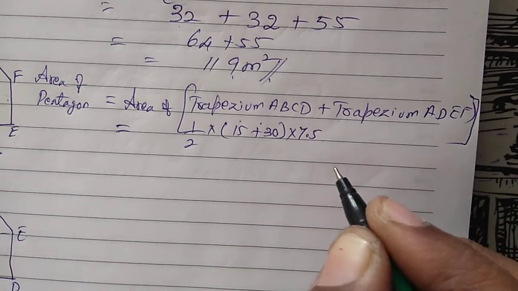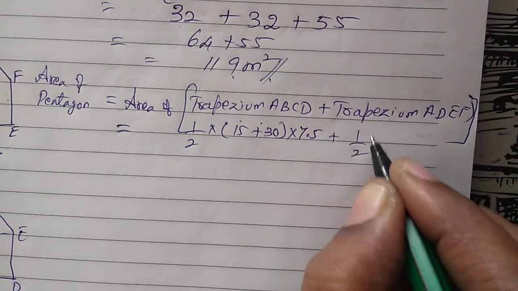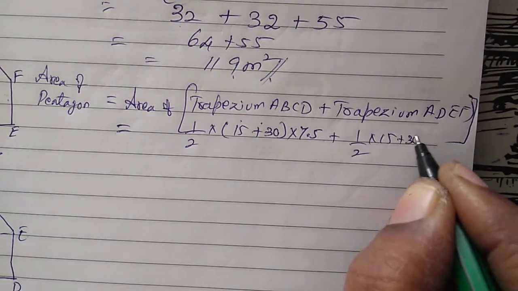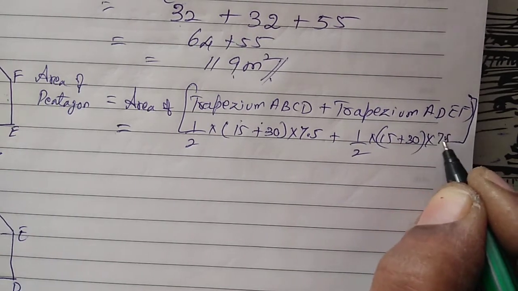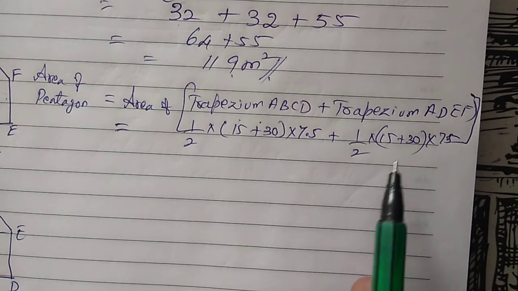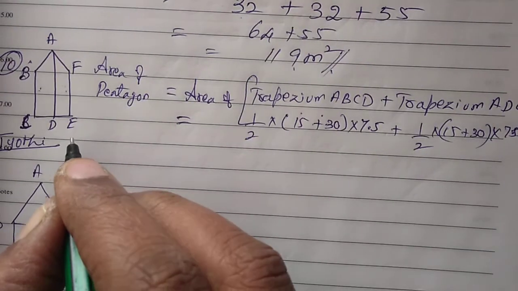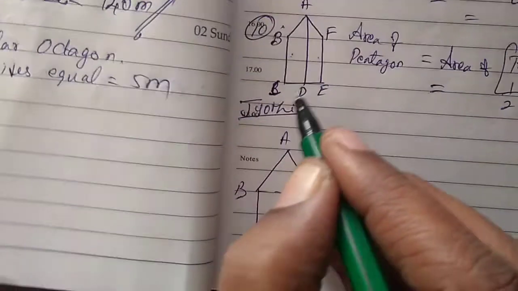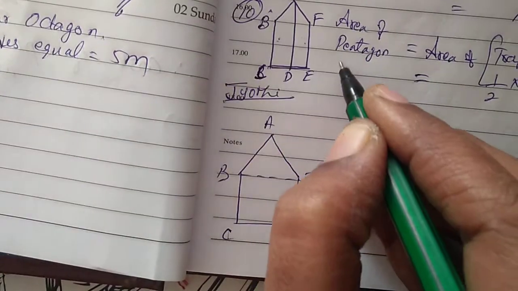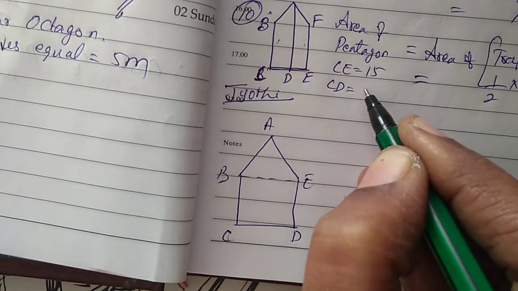Similarly, half into 15 plus 30 into 7.5. That is 15, no, 15 by 2 we have to take. That is why we got it as 7.5. So in this, CE is given as 15. So what is CD? 15 by 2, which is 7.5. That is what we have taken here.